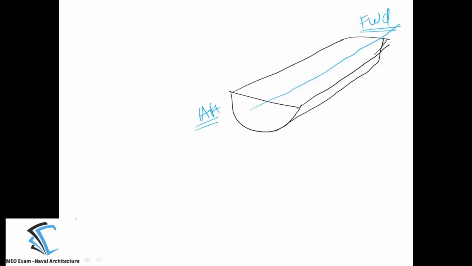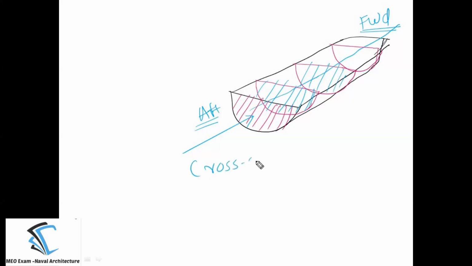Now I am drawing some areas here, like this. These areas, you can see this black color which I have shown earlier, this one, then this one, are called cross-sectional areas.